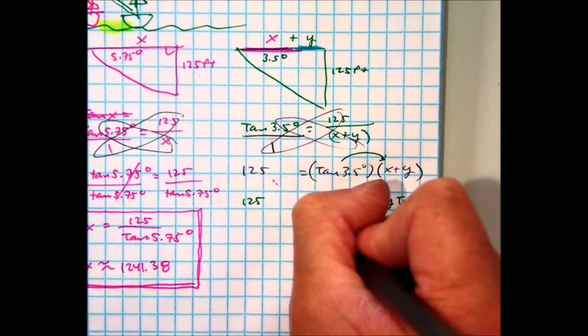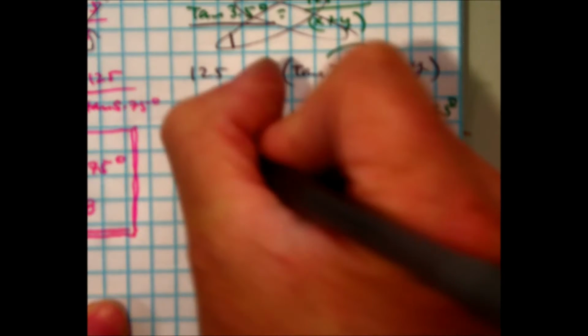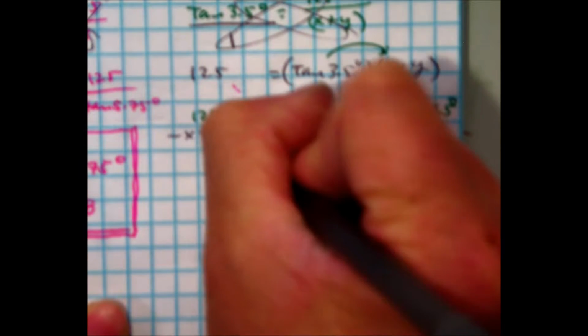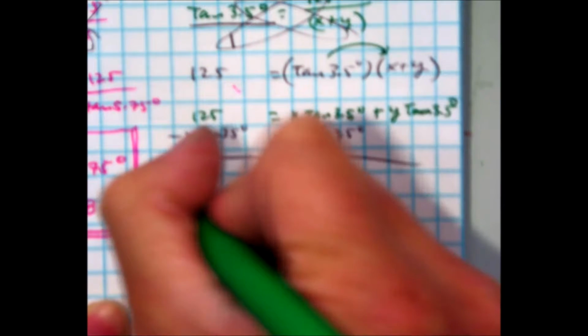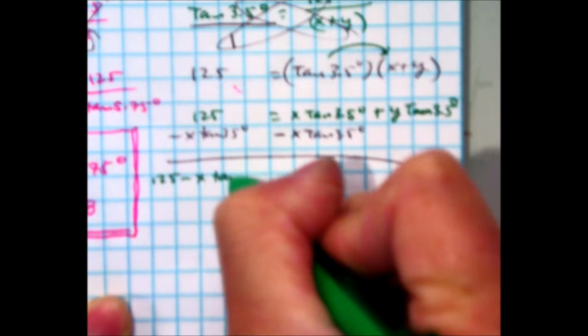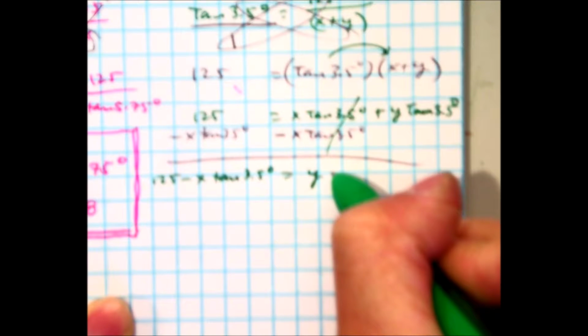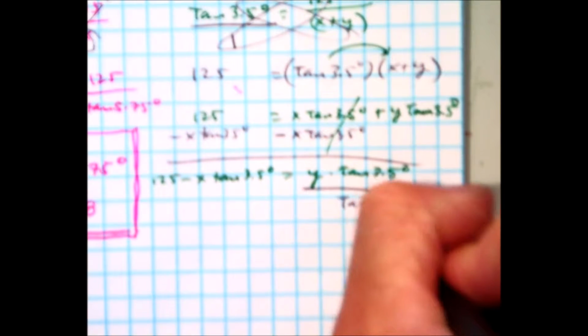So we're going to move this over. What I do to one side, I do to both sides. So I have 125 minus x tangent 3.5 degrees equals y times tangent of 3.5 degrees. I'm going to divide both sides by tangent of 3.5.